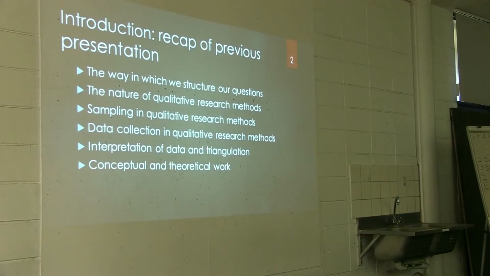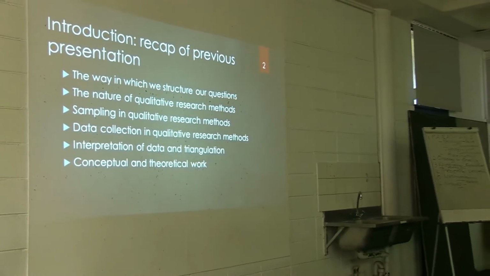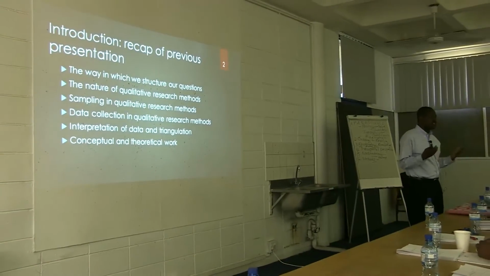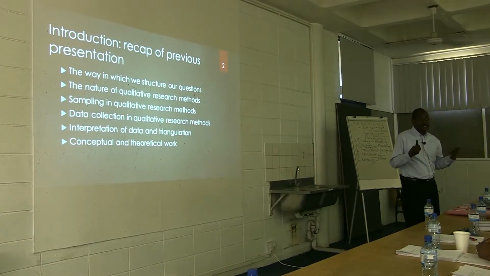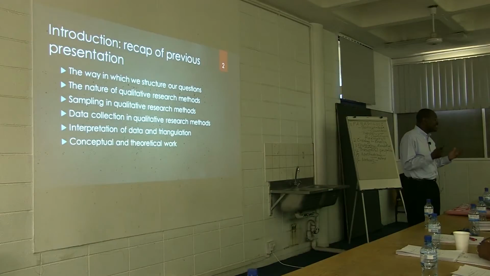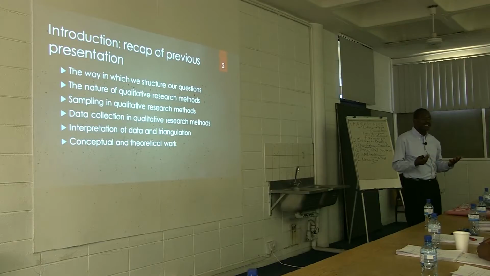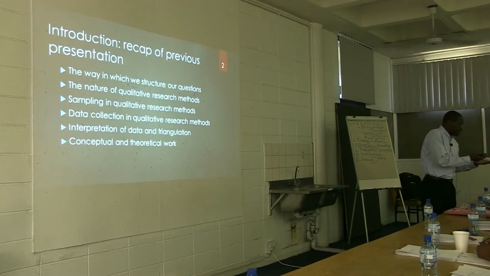Then the conceptual and theoretical work. Like I said last time, at this stage, you ought to have a theoretical perspective that you say to yourself, this theoretical perspective helps me to explain phenomena in my own area of study. For instance, what is your area? What are you studying?